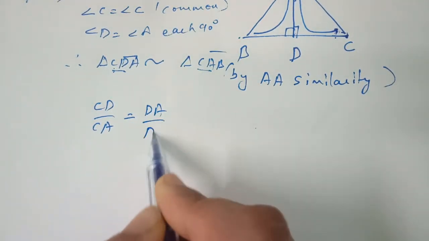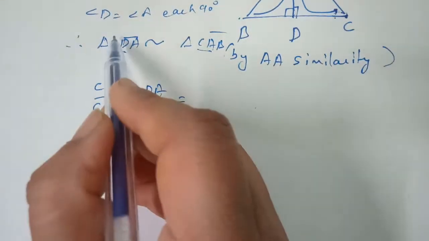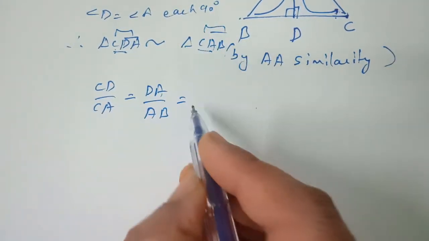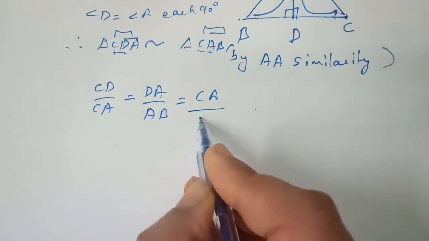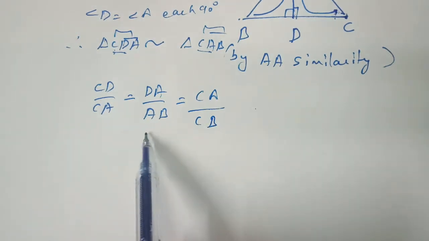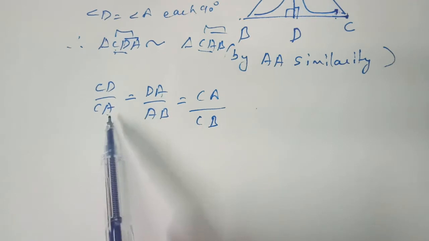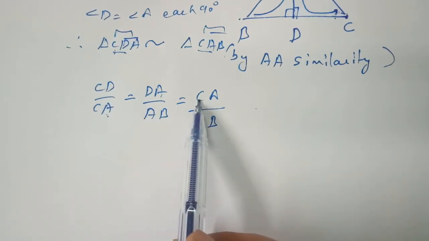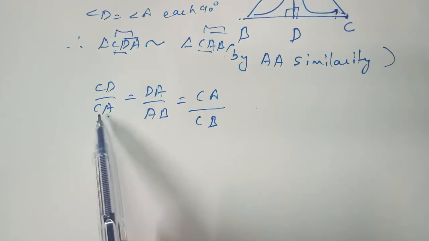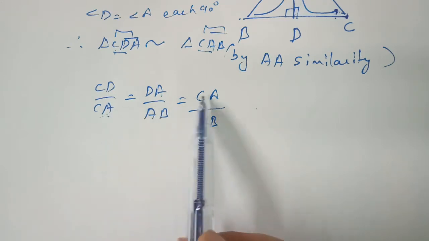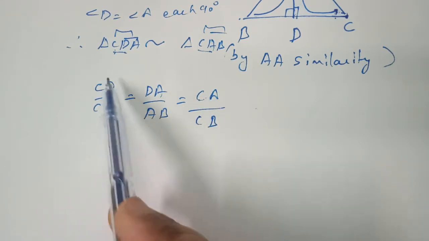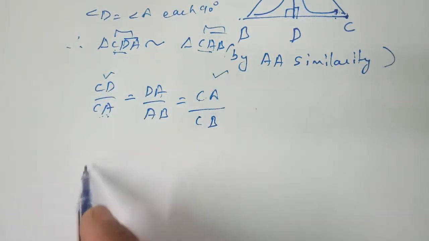DA upon AB equal to first and last, first and last. CA upon CB. So here also you have to take those two parts in which after cross multiplication we get square. So if you observe here CA and CA, they will be changed into square. So we're going to again take first and last.